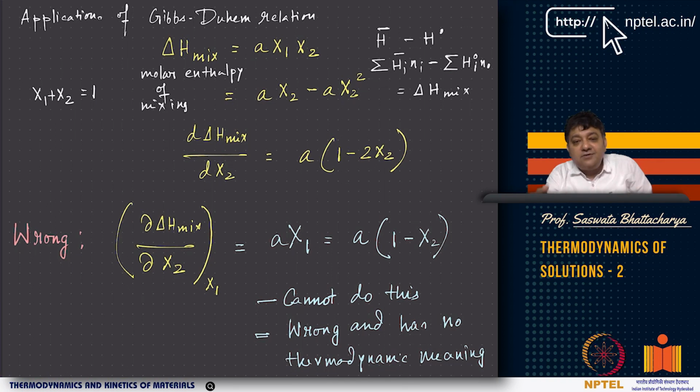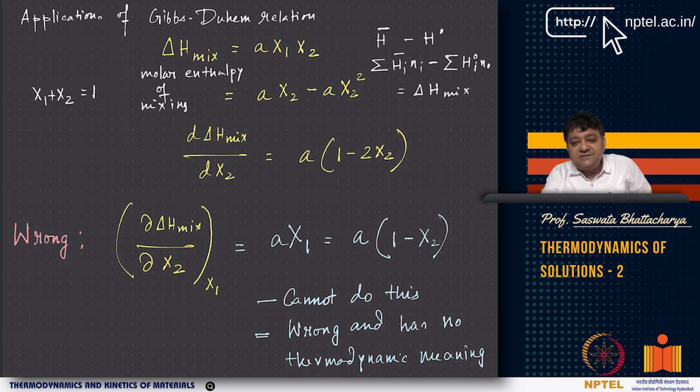Although n1 and n2, the mole numbers, can be varied independently, x1 and x2 cannot be varied independently. If I change x2, x1 automatically changes, because x1 plus x2 equals 1. So dx2 is nothing but minus dx1, because dx1 plus dx2 equals 0.